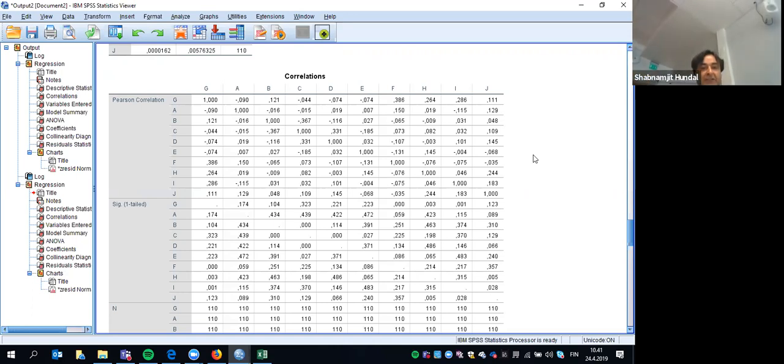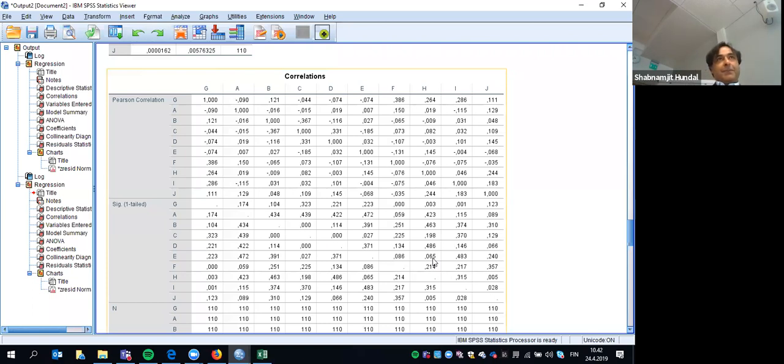Now here you see the level of significance. For example, look at this correlation between H and E. The level of significance is 0.065. Okay, it means that you can say with 93.5% confidence that the correlation between H and E is significant, and it's not just because of some random fluctuations.